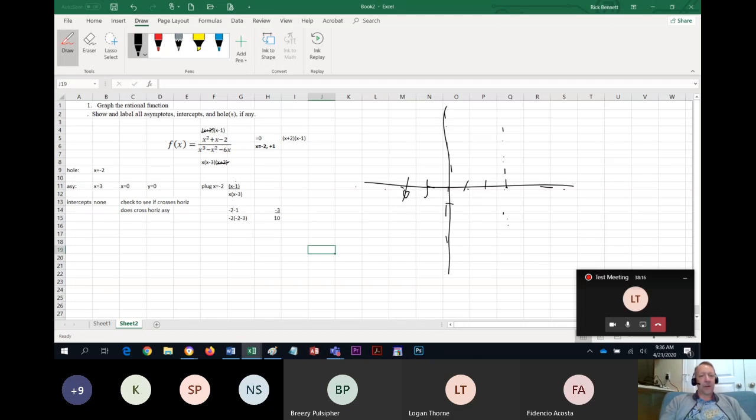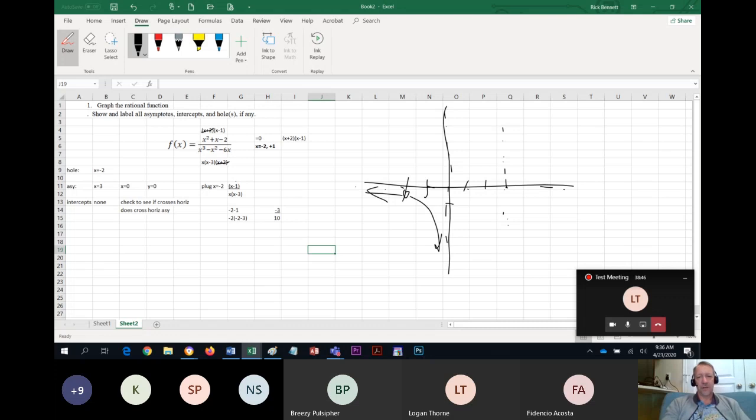All right, so now what do we do? Now we just need to start plugging in points. Now at this point, since I know where my hole is on the left side, I can probably just keep drawing here because it's not going to cross the x-axis again. We do know that it's going to cross at +1.